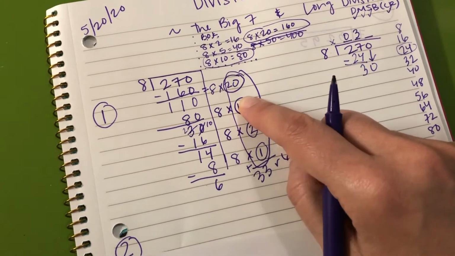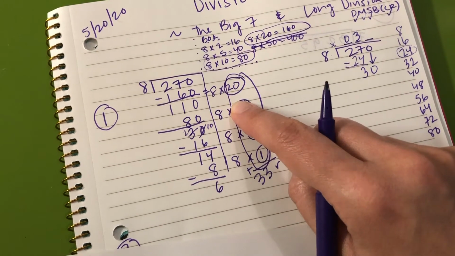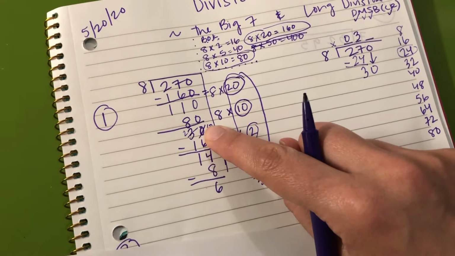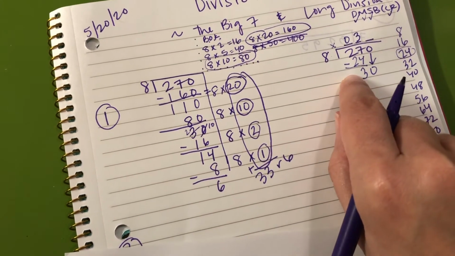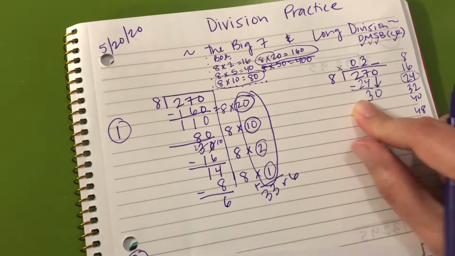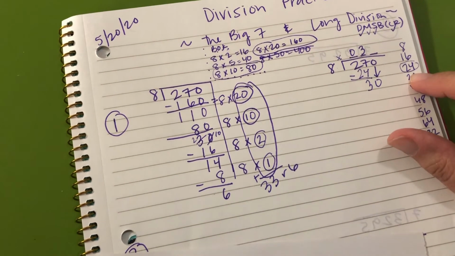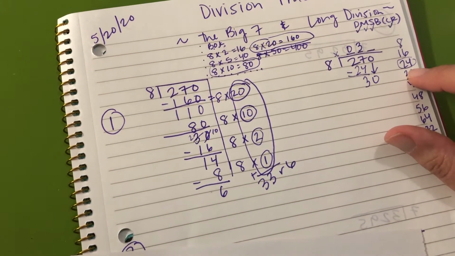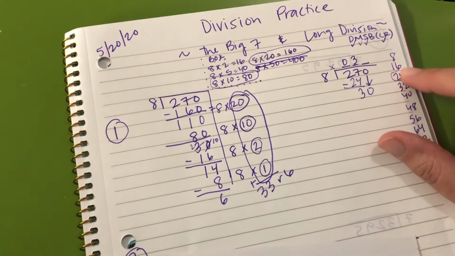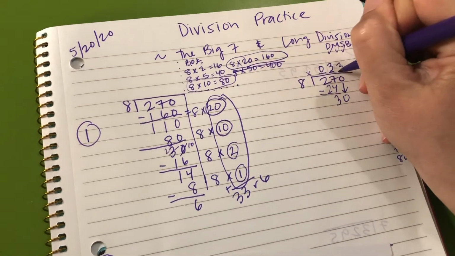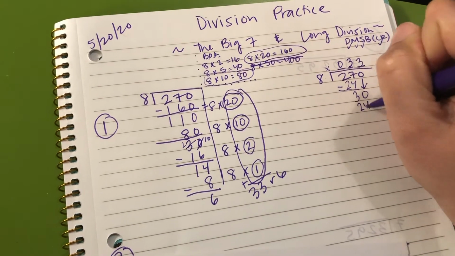So those together, and once we subtracted those, we ended up with 30. So we're on the right track because we ended up with 30 here. Okay, so how many do we have left? We can make another group of 3 because I don't have enough to make a group of 4. So 1, 2, 3, put that up here. 3 times 8 is 24.